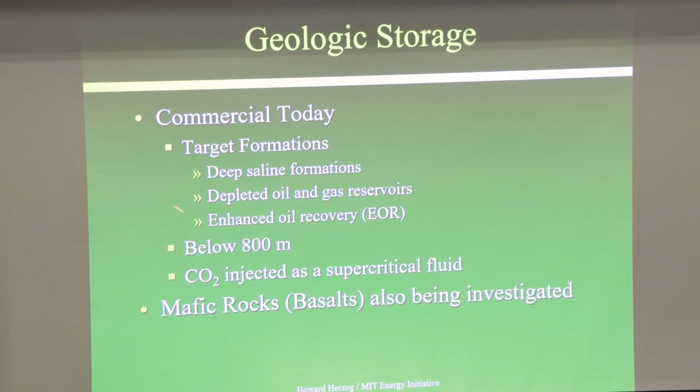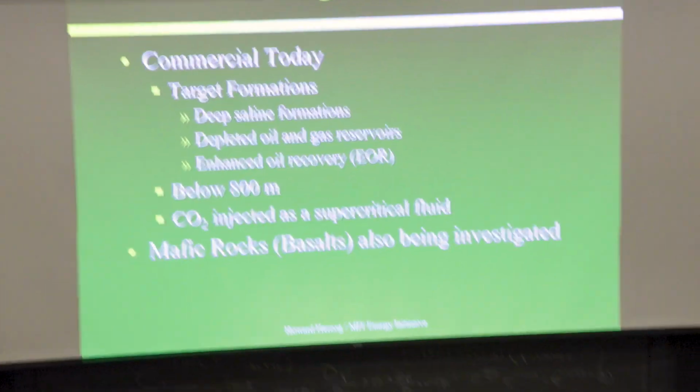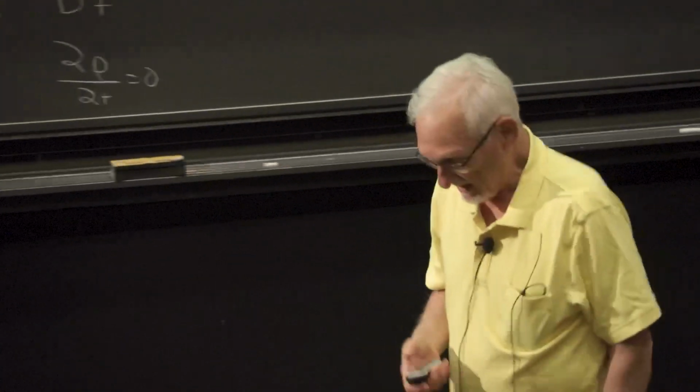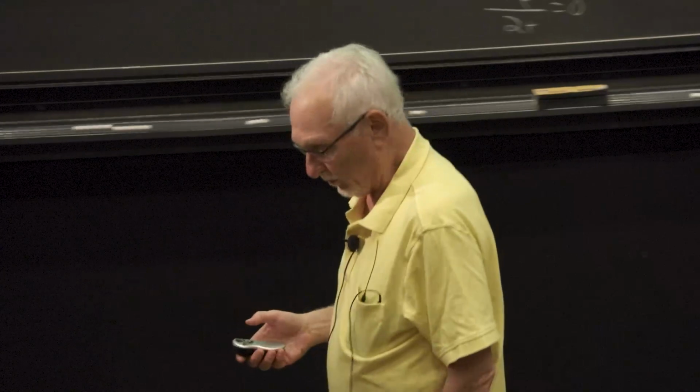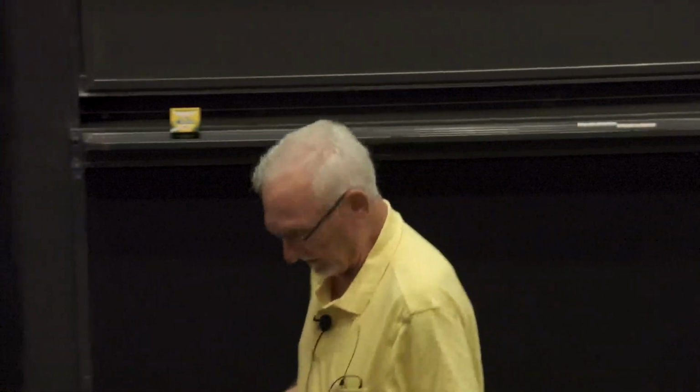And so that just summarizes it up here. When we put it in, we want to put it in below 800 meters. Why 800 meters? Because every 10 meters you go down, you get an atmosphere of pressure. So at 800 meters, you have about 80 atmospheres of pressure down there, and that's around the critical point of CO2.